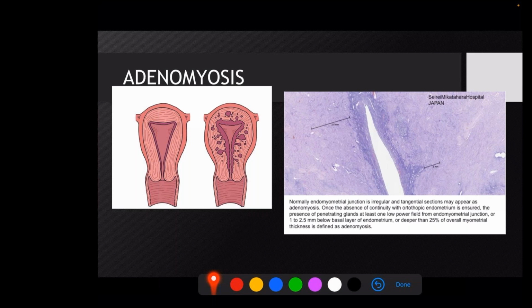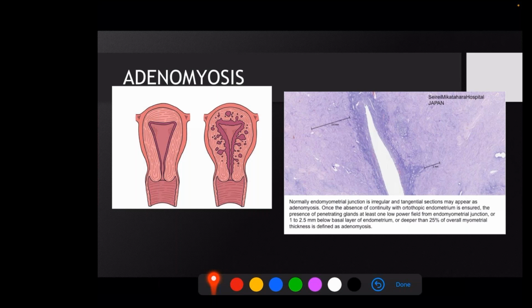Suppose one patient comes to you, her age between 40 and 50, multipara, presenting with complaints of severe secondary dysmenorrhea and menorrhagia, sometimes chronic pelvic pain also. Then at the first visit itself, clinically you can diagnose a case of adenomyosis.